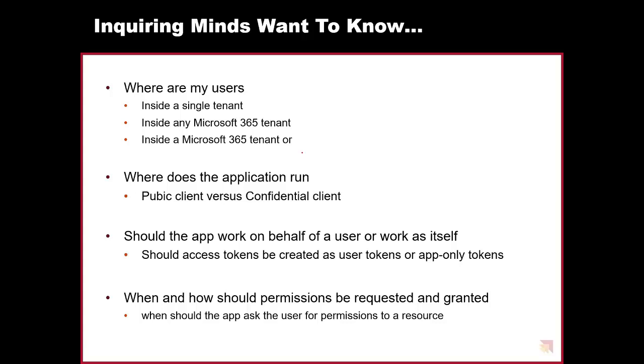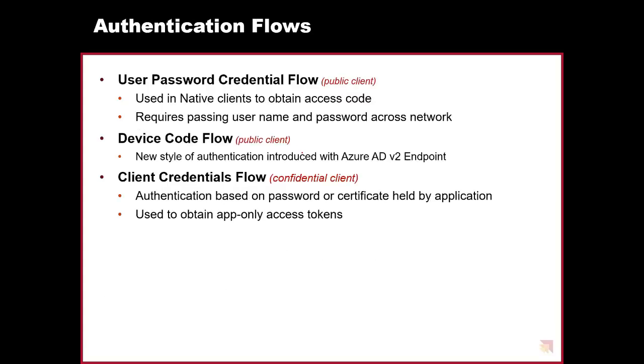The way that you set up your application and the way that you authenticate can allow you to authenticate as the user or as the app. And then finally, how and when should your application ask for permissions? And how do permissions get granted? These are a lot of the questions we have to know the answers to in order to be successful.